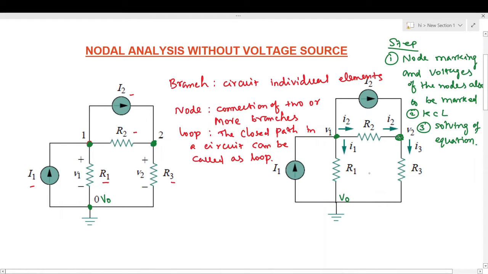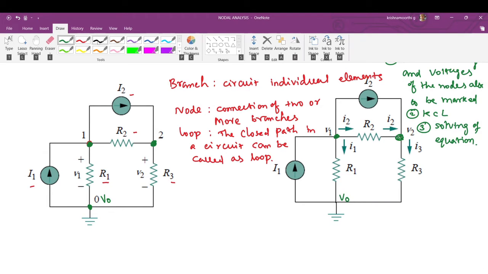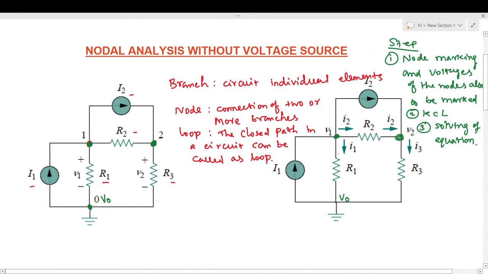Okay, now the currents need to be marked, and we know that current will flow from higher potential to lower potential only. For that, the current I1 will flow from higher potential V1 to V0, as shown in this direction, and the current flowing through R2 will be I2.